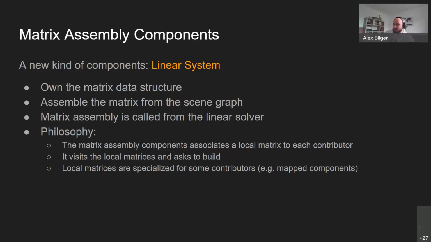And there are different kinds of local matrices depending on the type of component they are associated to. They are different depending on if they are, for example, a force field or a projective constraint, or even if the component is mapped.